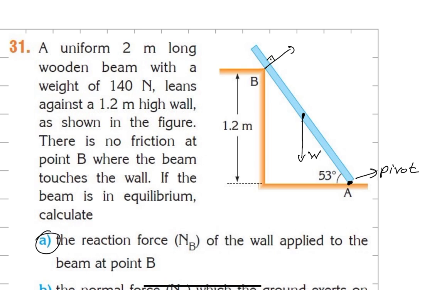We have to apply, as I said, the second condition of equilibrium, and for it we have to show all the forces which are necessary to get the torque. So here the pivot is here, that's why we just take the reaction force itself here, but for the weight it will be not the weight itself but one component, this one, it is weight by y, if we consider that this is x and this is y.